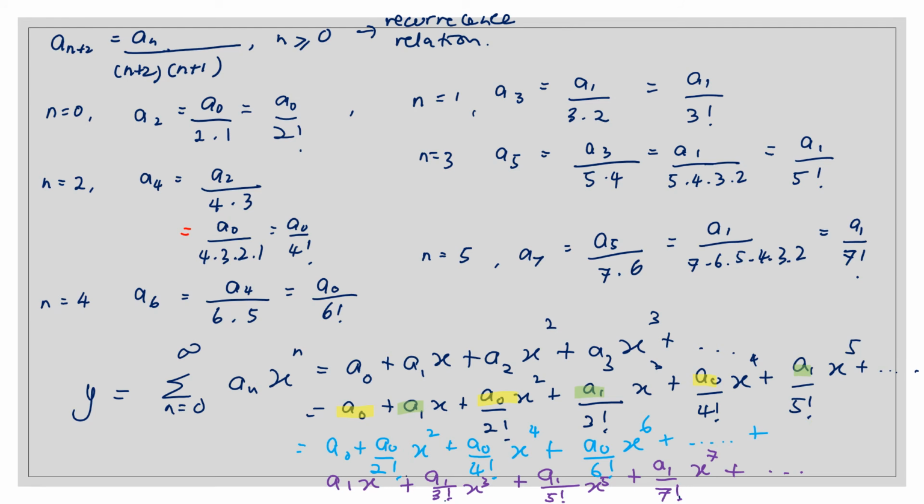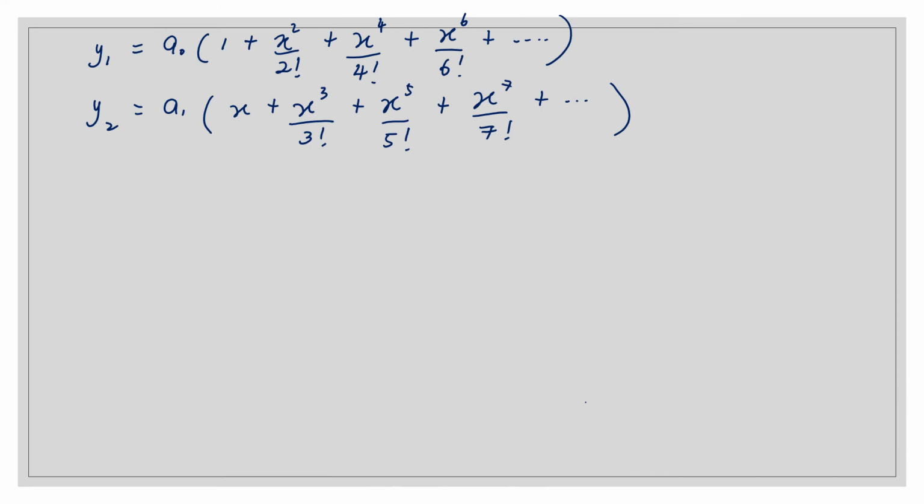So we can write our solution: we have y1 as written and y2 as written. For y1 and y2 we can write general terms.